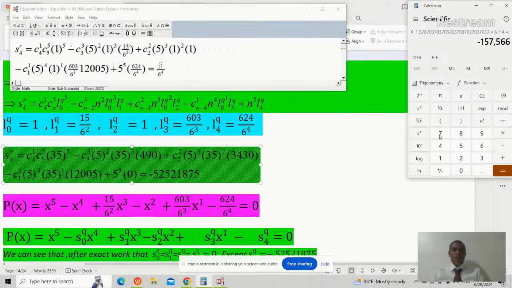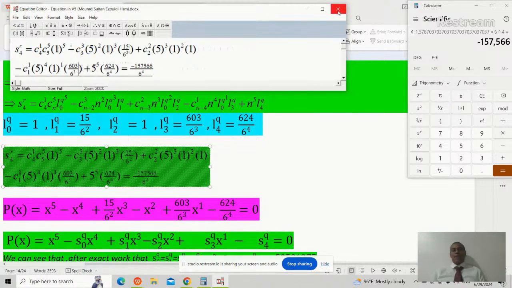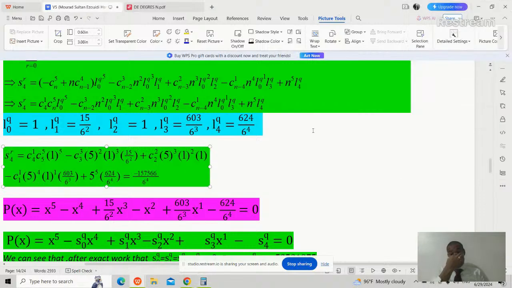It will be negative, so this one has to be equal to negative 157,566. Now I found the values of S_{k-1} of order r.